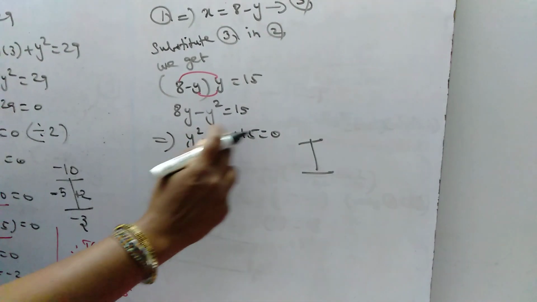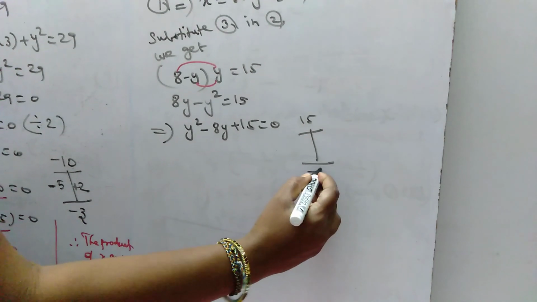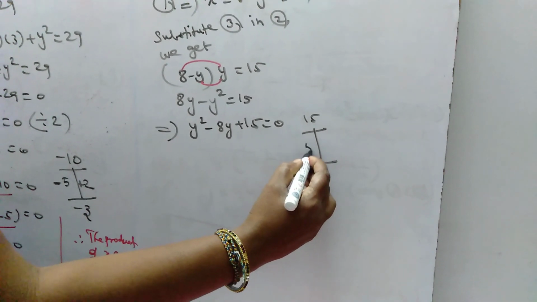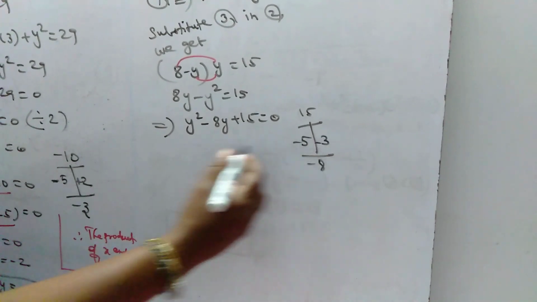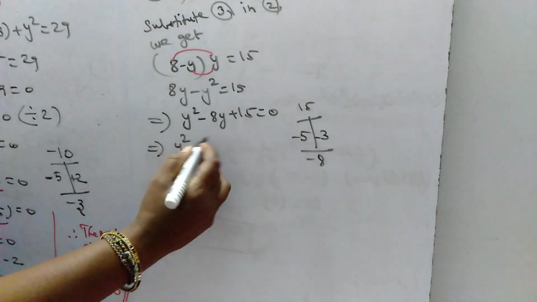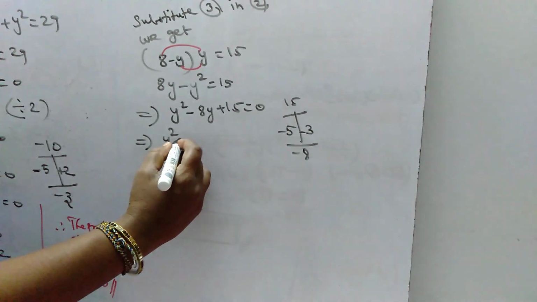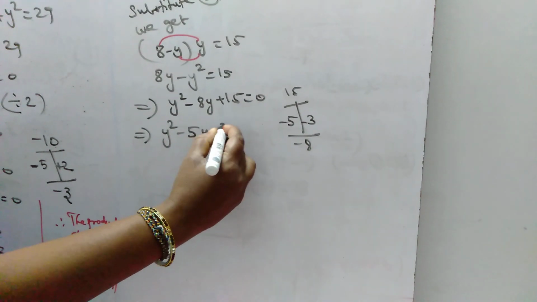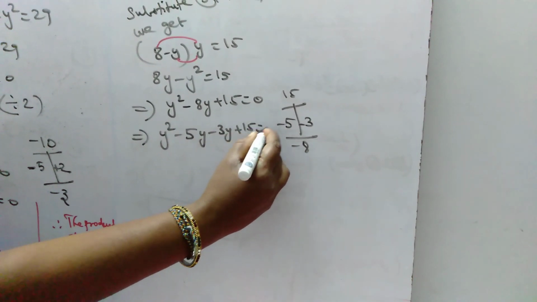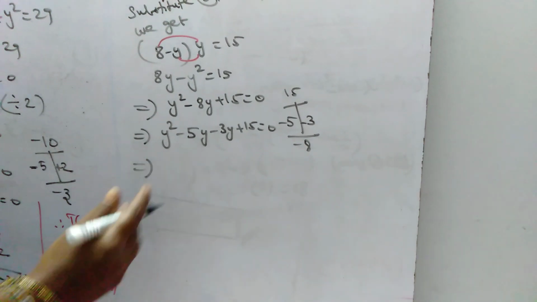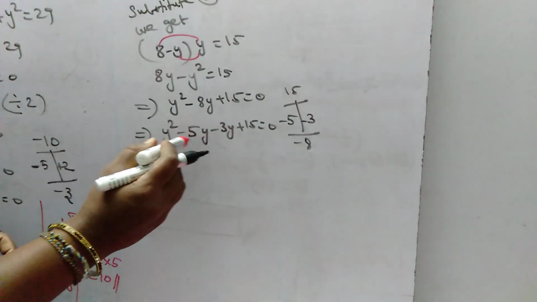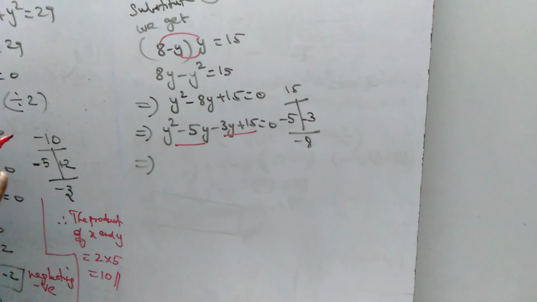Same like that we want to do here. 15 and 8: 5 threes are 15, both minus, if we put, you will be getting y square minus 5y minus 3y plus 15 equals 0, like the factorization of the quadratic you did last year. In these two we take y common outside, in these two we take 3 common outside.